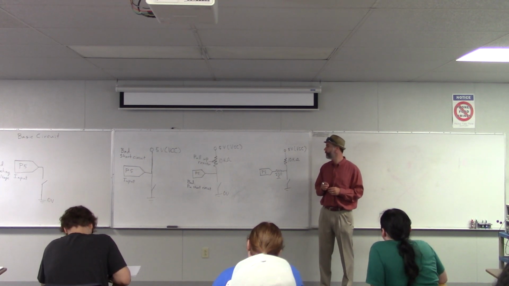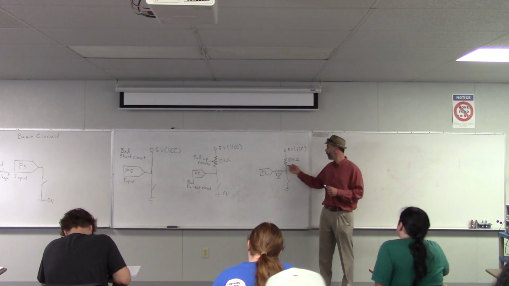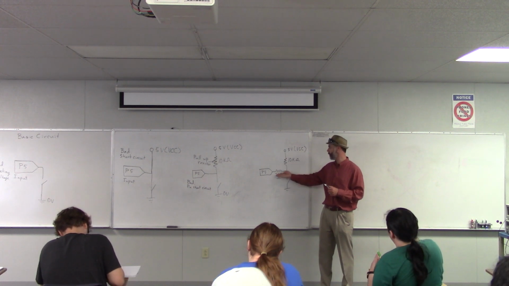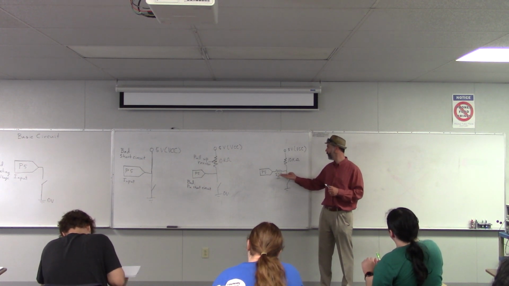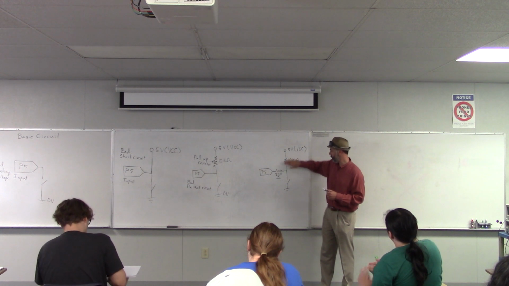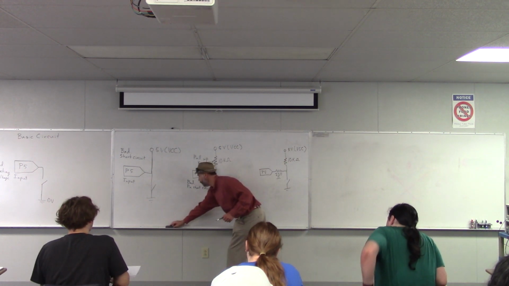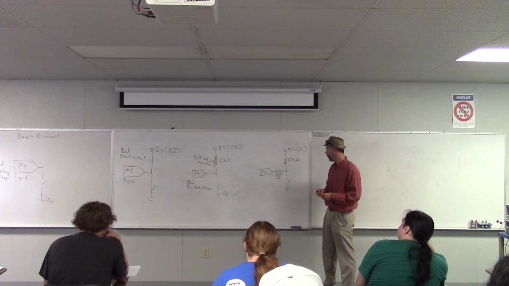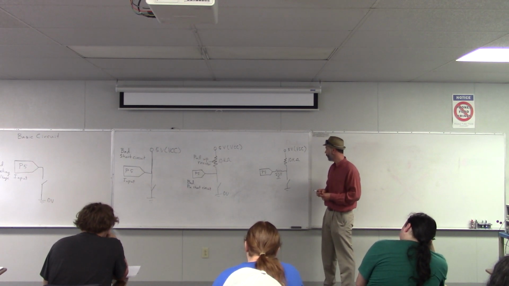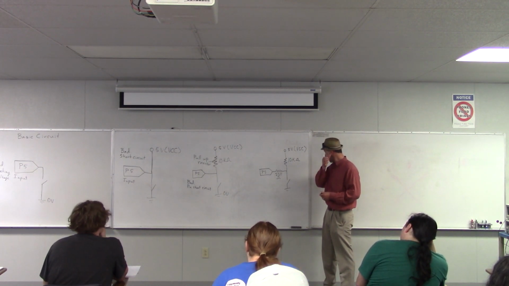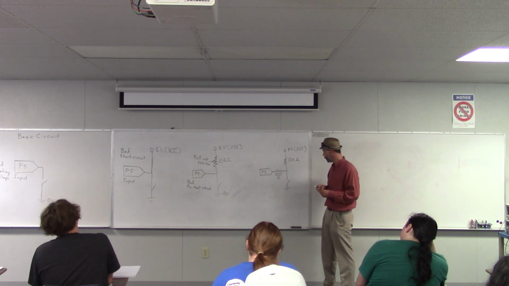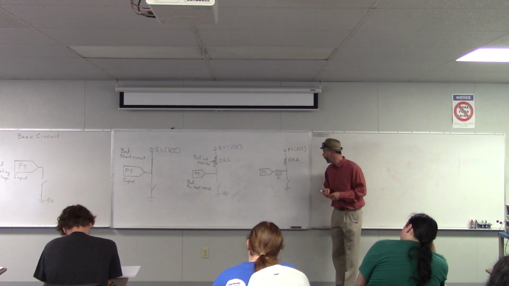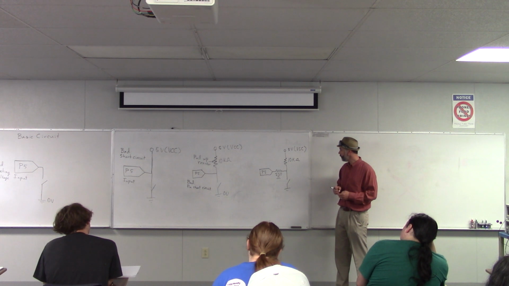It will work for both of them, and then we only need one resistor for both of them. Yeah, that's a good point. We could have done it that way. I don't know why they didn't do that.